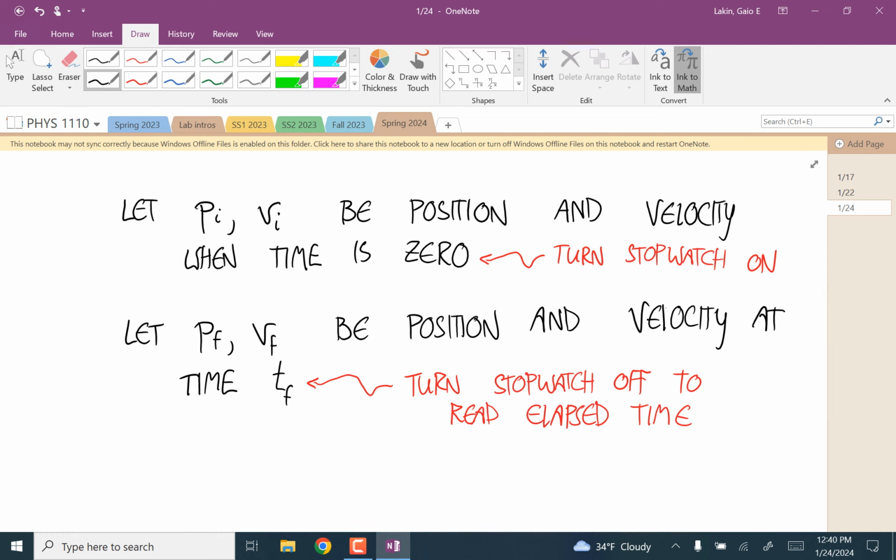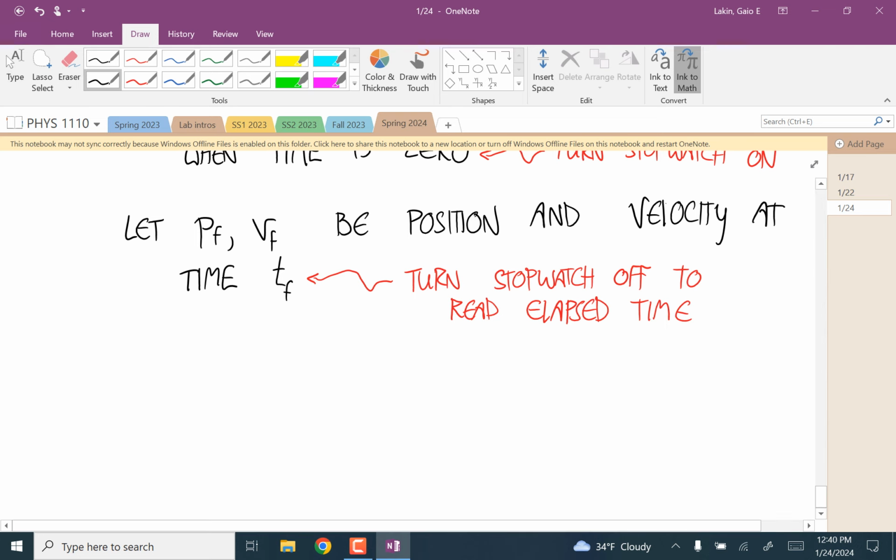Then with those definitions, here are the constant acceleration equations. The first one says V sub F is equal to V sub I plus A times time final. The second one says P sub F is equal to P sub I plus V sub I times time final plus 1/2 A times time final squared.